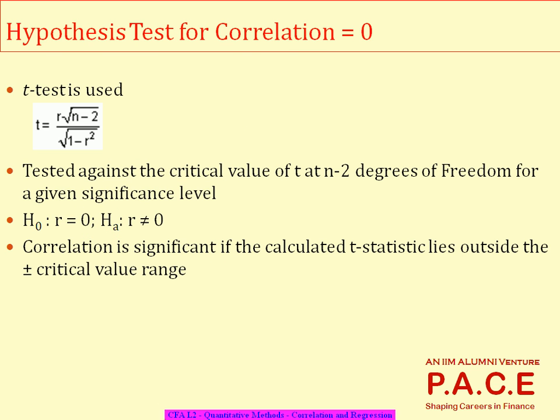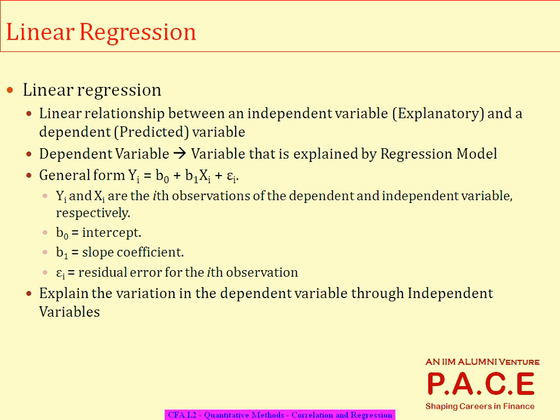So this is the test which we are using for testing whether the correlation is equal to 0 or not. Once we know that some relationship exists, we are trying to predict.